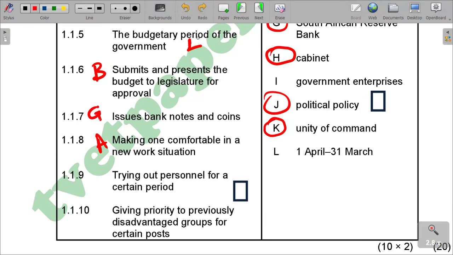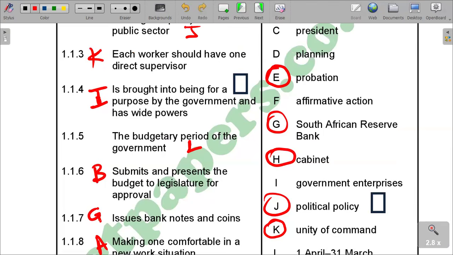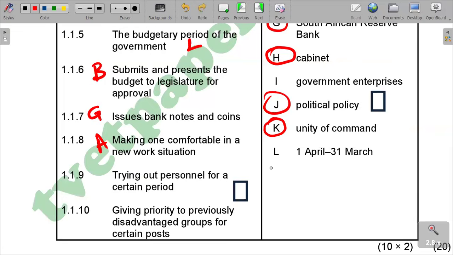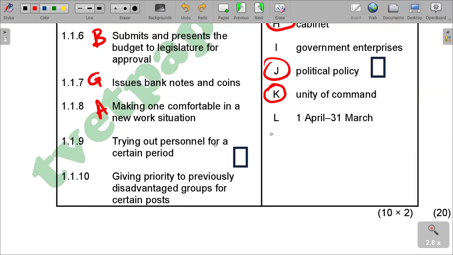So we call that probation, letter E. A person is going through probation when an employee is going through a testing season, trying to prove and make sure that the person matches the position for which he or she is hired.